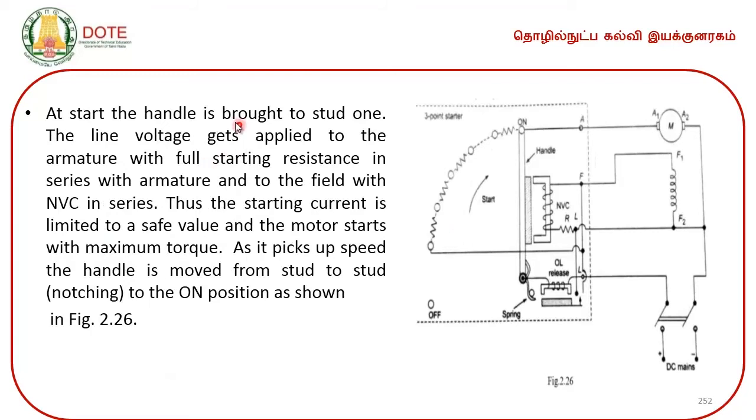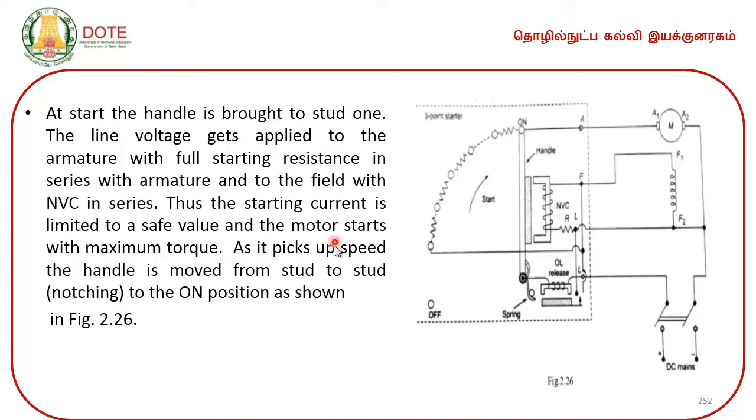At the start the handle is brought to stud 1, the line voltage gets applied to the armature with full starting resistance in series with the armature, and to the field with the no volt coil in series. Thus, the starting current is limited to a safe value and the motor starts with maximum torque.